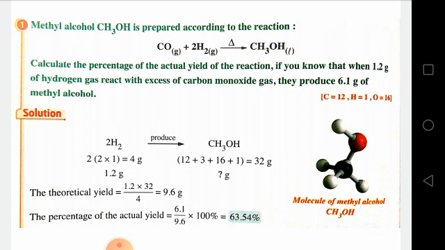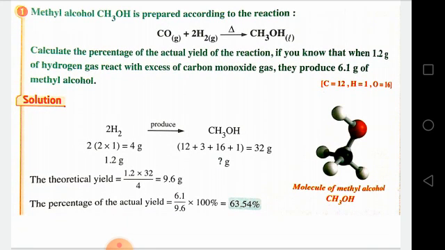So firstly we will convert the number of moles to mass by multiplying 2 moles by 2 by 1, which will equal 4 gram, and the molar mass of methyl alcohol, as illustrated here, is equal to 32 gram.